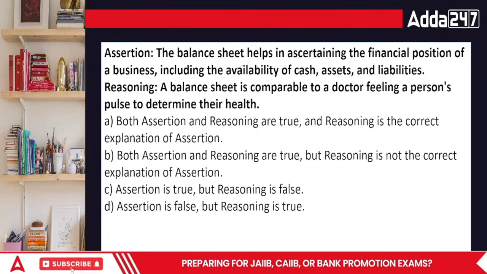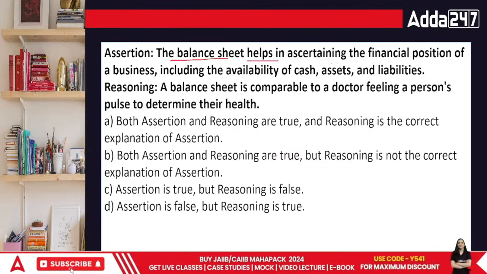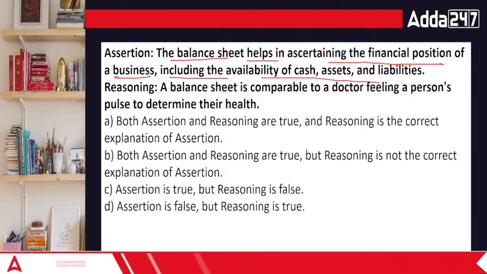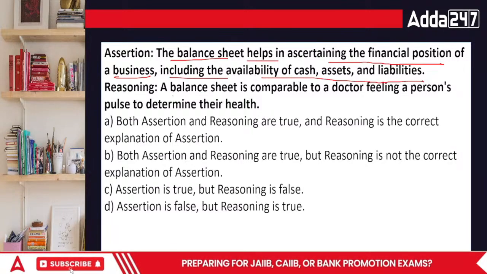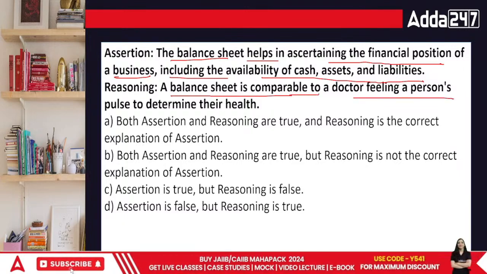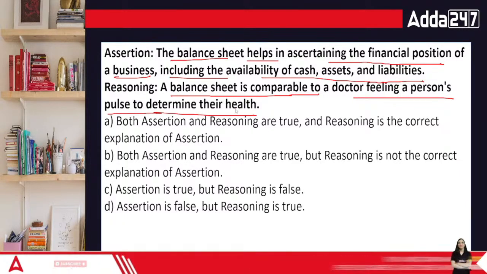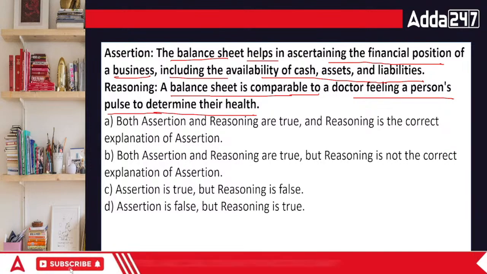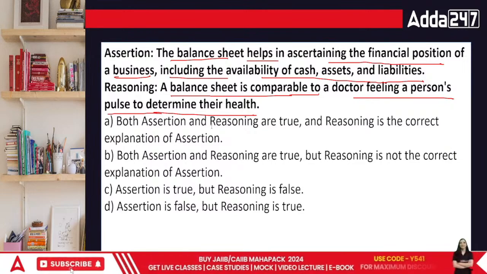So here comes the next question. The balance sheet helps in ascertaining the financial position of the business, including the availability of cash, assets, and liabilities. A balance sheet is comparable to a doctor feeling a person's pulse to determine their health. Basically, the balance sheet shows the true nature of the organization's position.